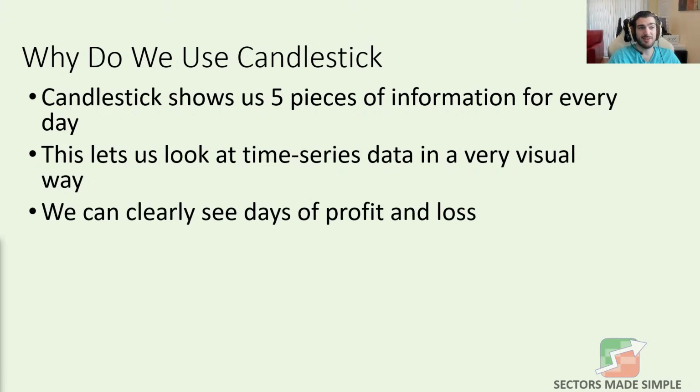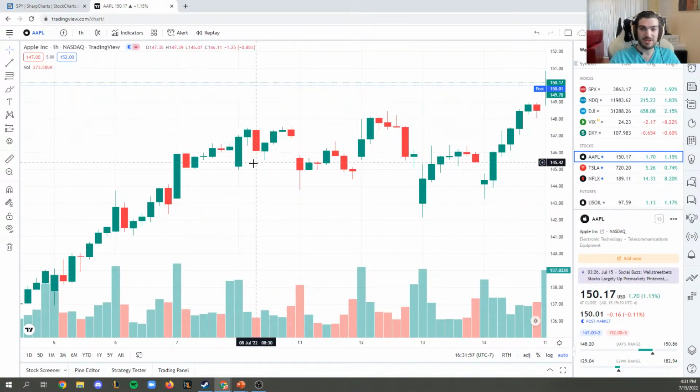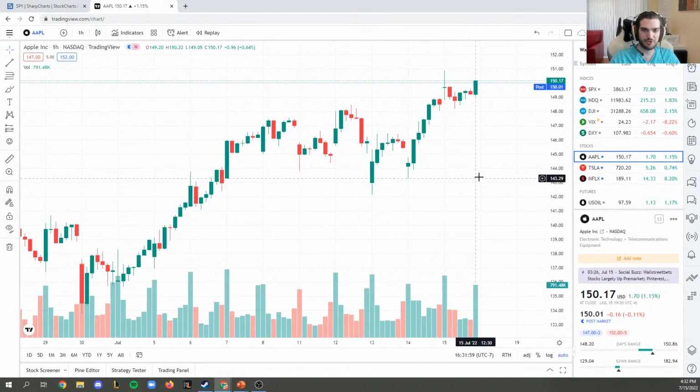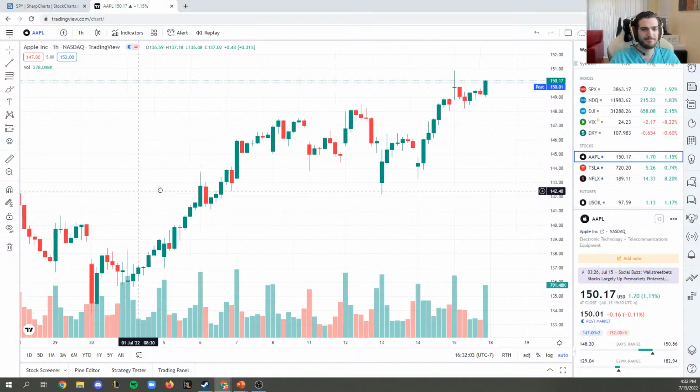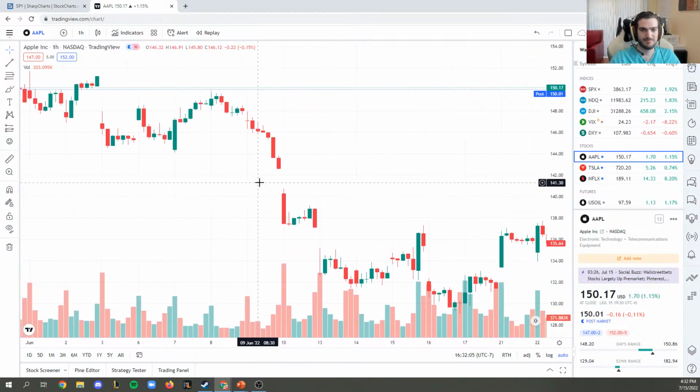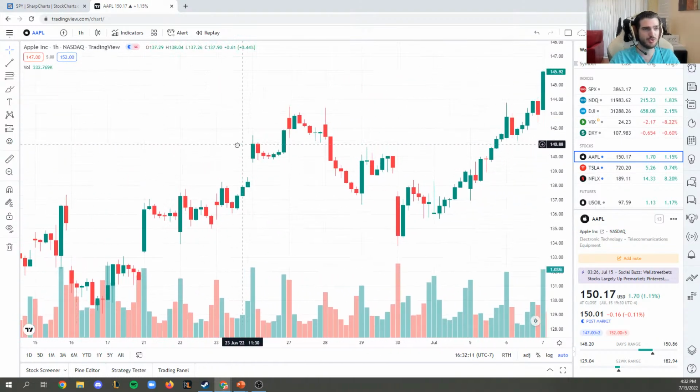And we can also clearly see periods or days of profit and loss. It's very easy to see. Lots of green bars, we were probably making some money if we were buying long. Lots of red bars, maybe not making as much money, unless we were shorting things.